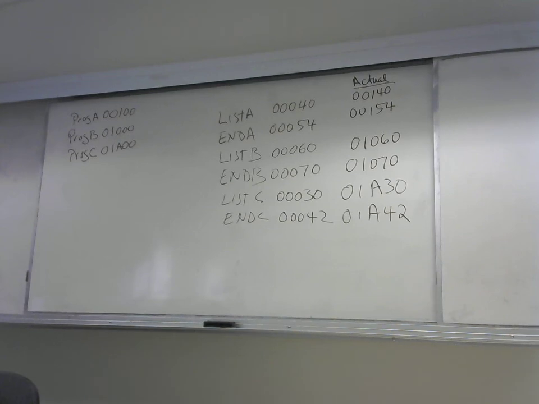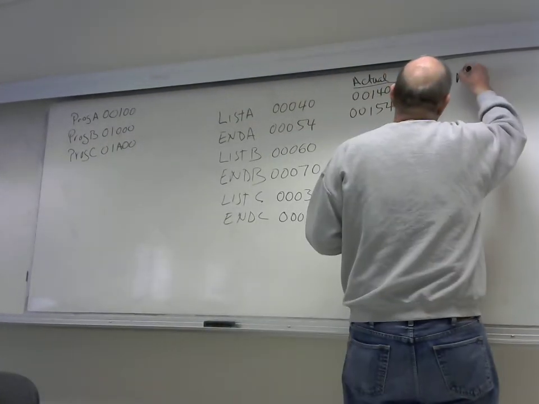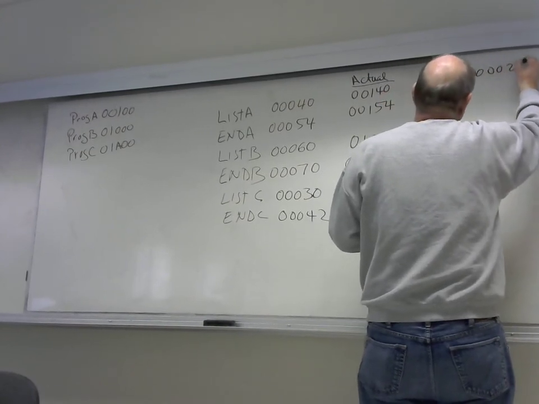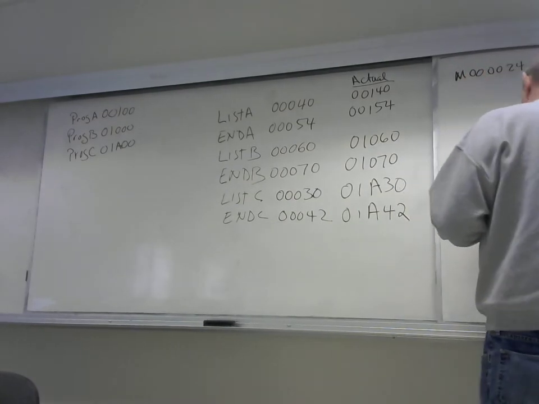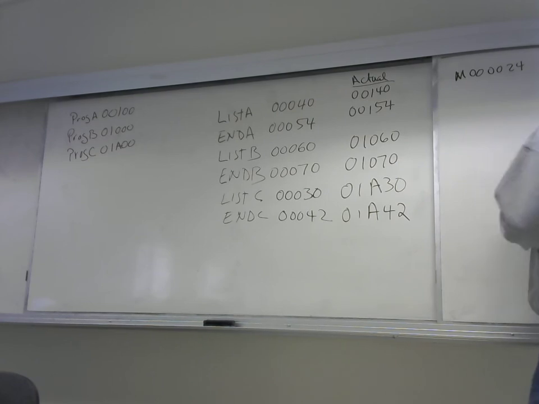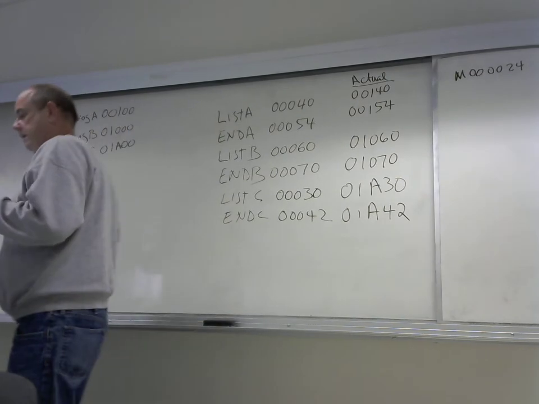You're familiar with this, right? So the record looks like this. I'm not going to write them all down. Modify. Go to address 24, take 5 half bytes, and add list B. List B, of course, is an address.